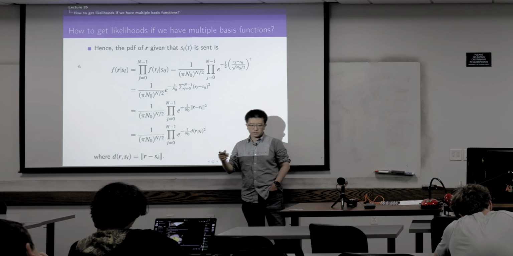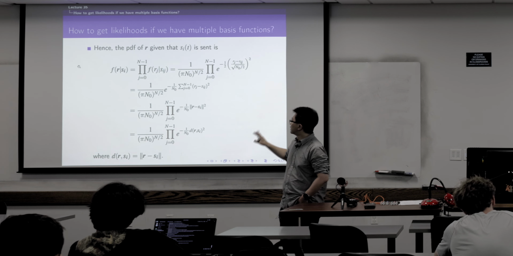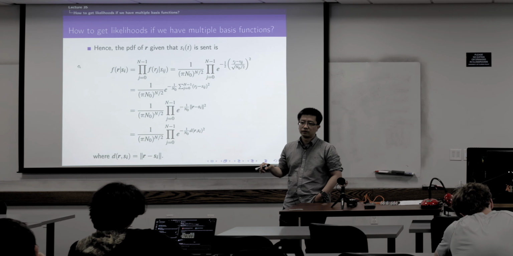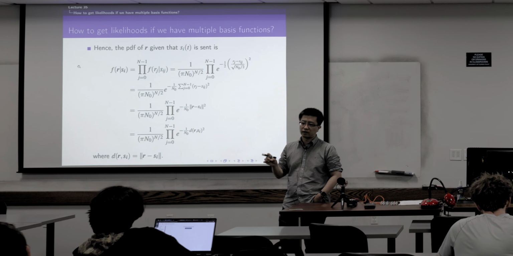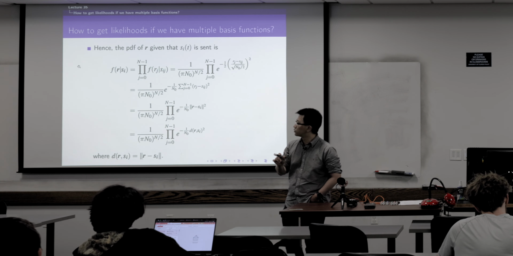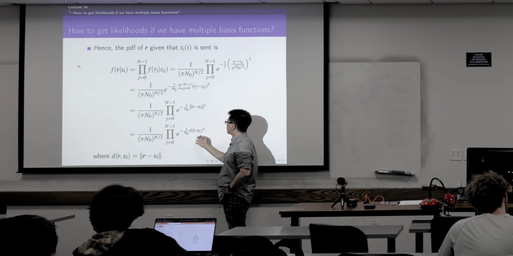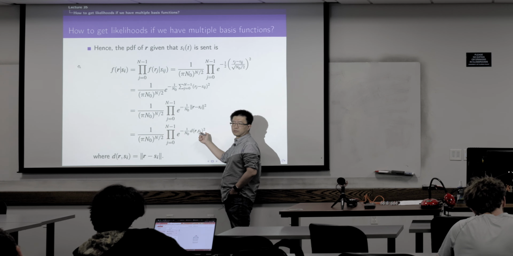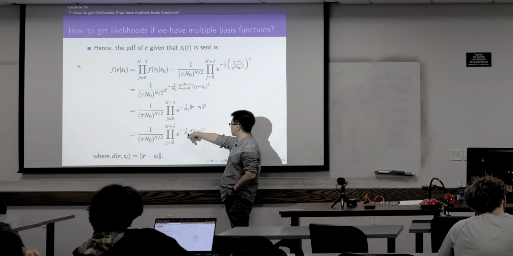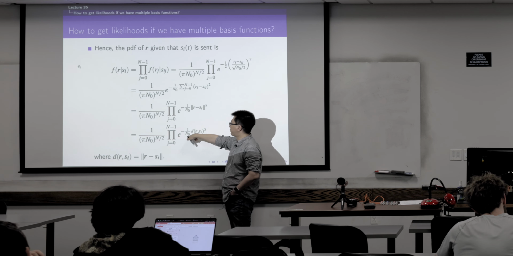Remember, for the ML rule, what do we want? We want this to be maximized by choosing a good i, or a good Si. In order to maximize this, what should we do? Notice that Si is only here. So we need to make sure the distance is minimized in order to maximize this.